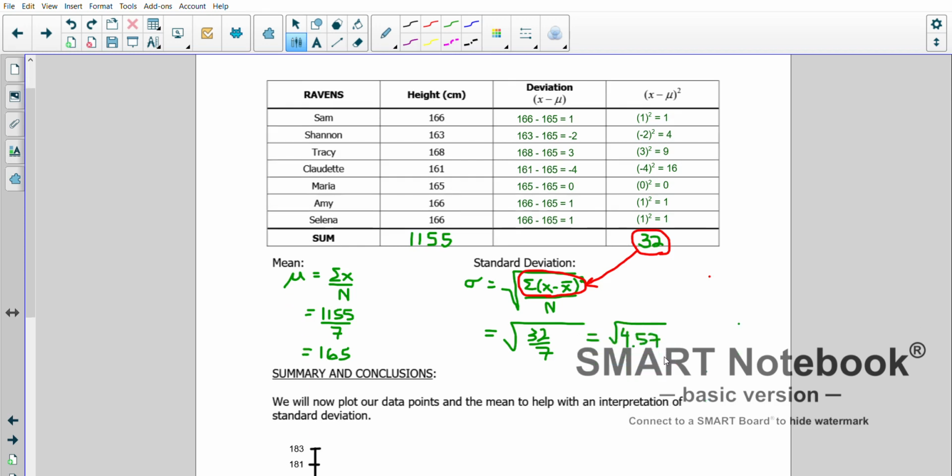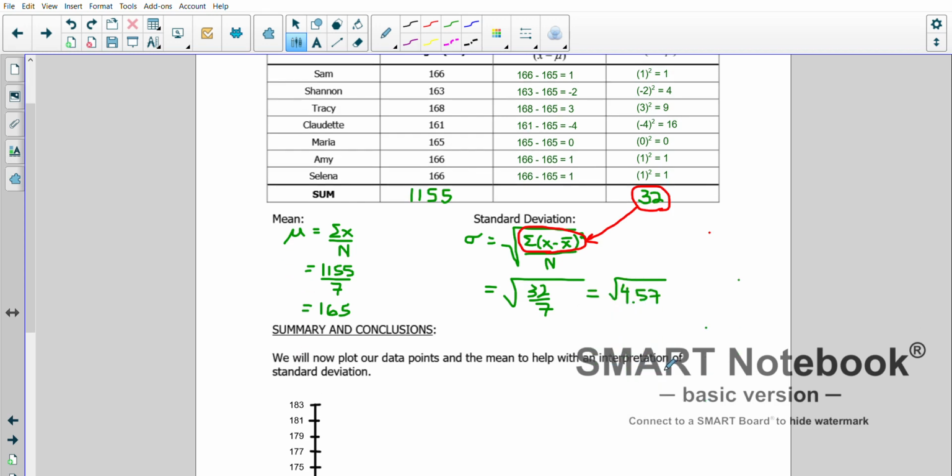Then I take the square root and I get 2.13. So the standard deviation of this team is 2.13 or 2.1.